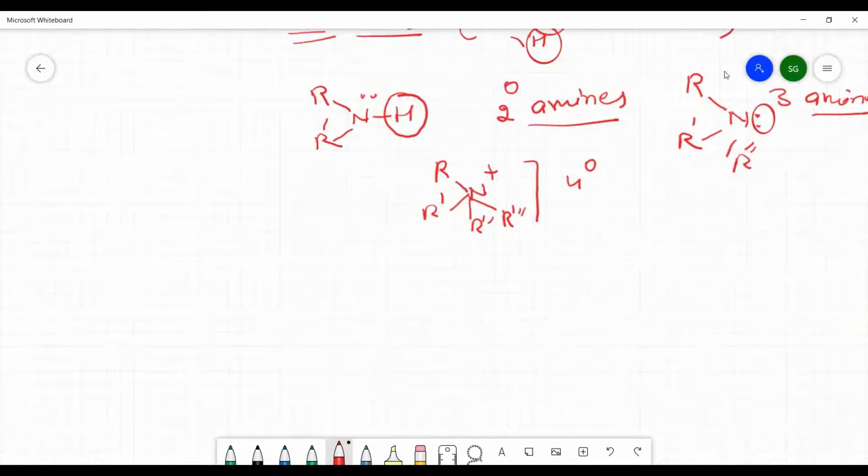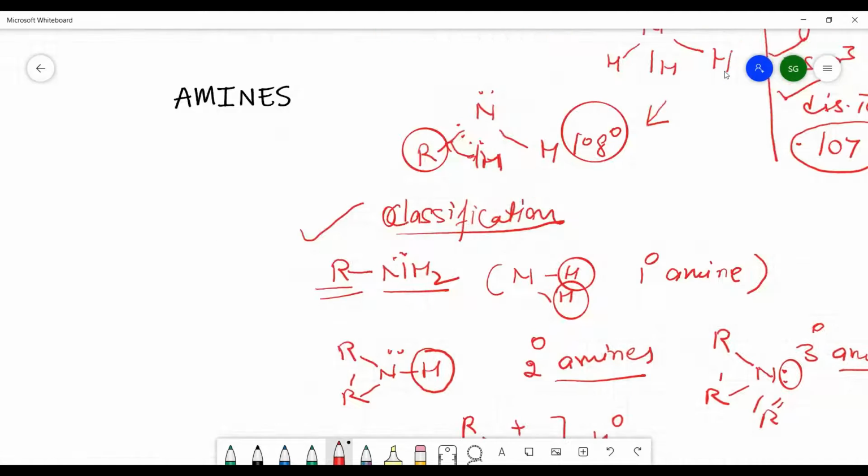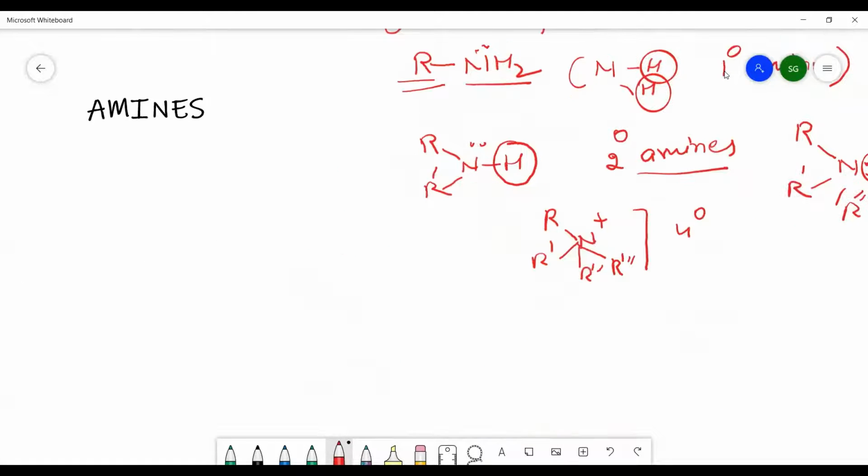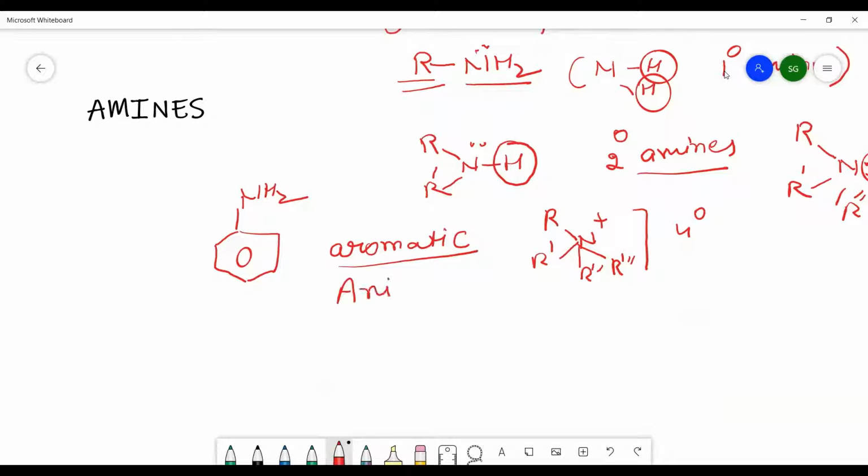If the NH2 group is present on the benzene ring like this, all of you know well it is aromatic in nature, and this is called aniline when it is directly attached to the benzene ring. So this is a primary aromatic amine.